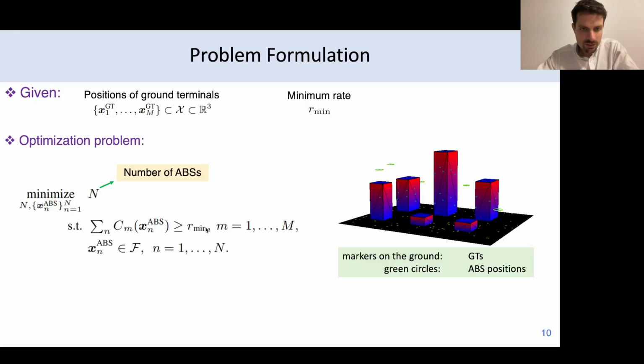And this constraint imposes that the sum of the capacity from the mth user to the ABSs is at least Rmin. So a user may be served by multiple ABSs simultaneously. And the ABSs must be inside this set of allowed positions. So this essentially is the airspace, excluding the no-fly zones, such as buildings, as I said.